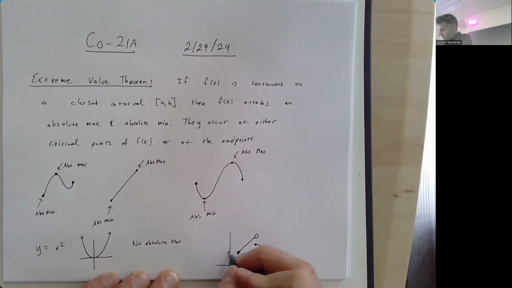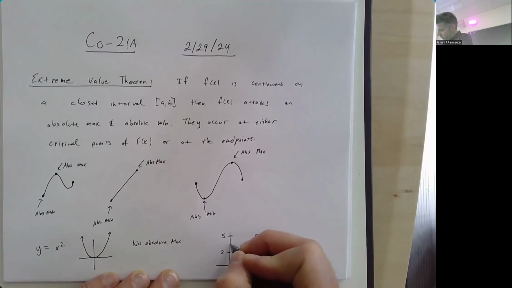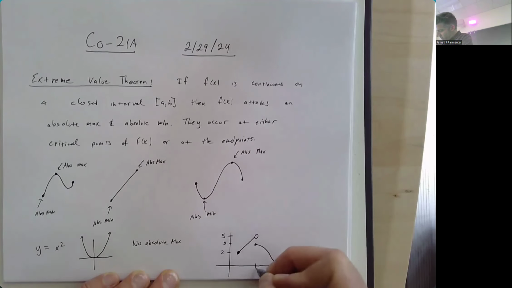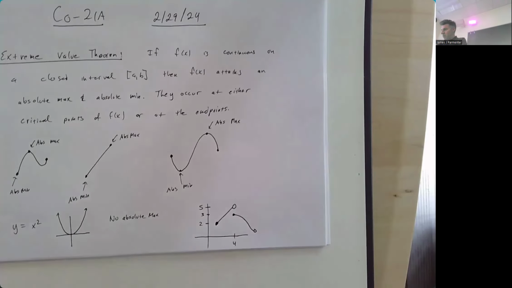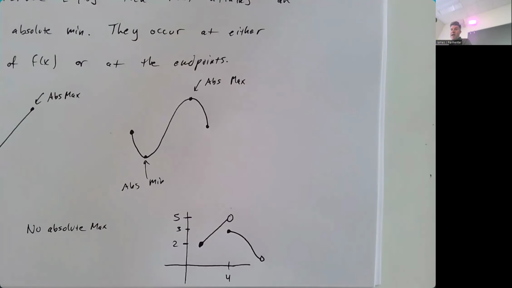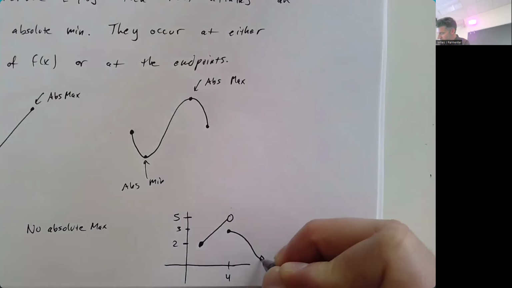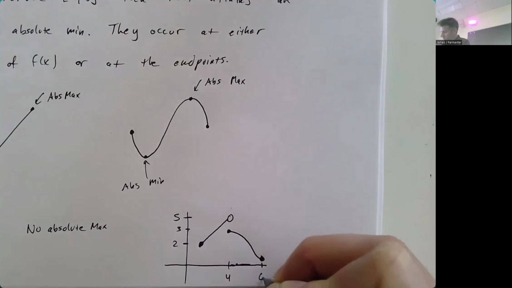So that's going to be 2, that's going to be 5, 3, 4. The way I've drawn it, this function is definitely discontinuous. Let me zoom in on it a bit just so you can see it a little bit better. The function's for sure discontinuous, and let me close this one off here actually, so at least it's on a closed interval.